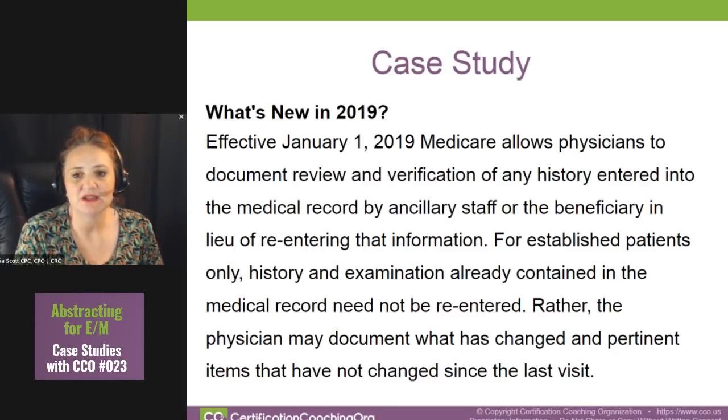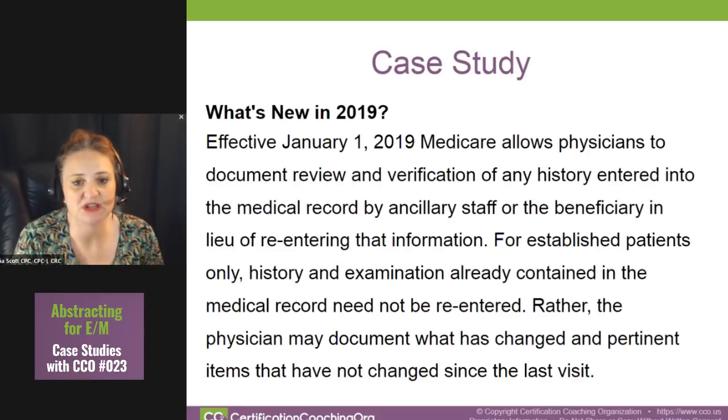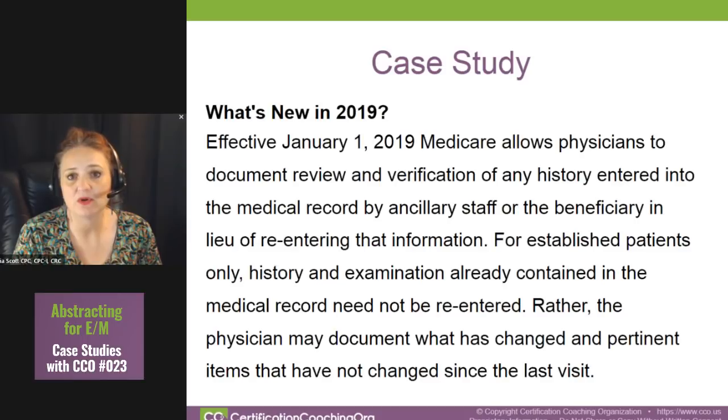So Medicare said that when the provider is doing document review and verifying the history in the medical record, and it's stuff that ancillary staff like the nurses or the MAs have put in, and if it's beneficial, instead of having to re-enter that information, and it's an established patient, not a new patient, they can now refer back to that, and it doesn't have to be re-entered.